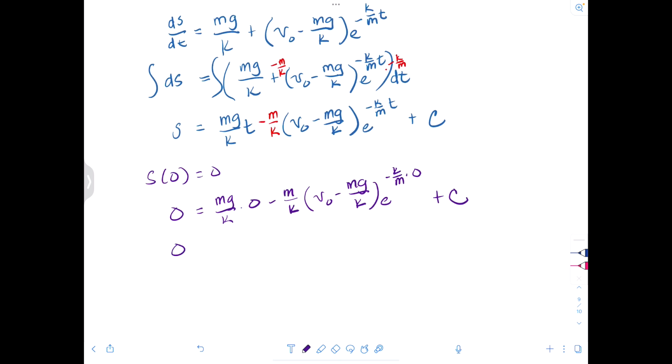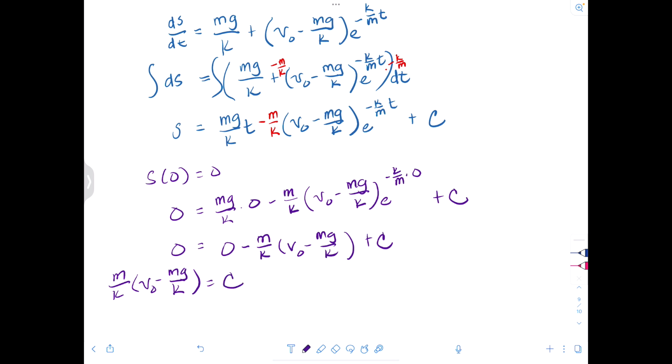So I'll have 0 equals 0 minus m over k times v0 minus mg over k. E to the 0 is just 1, and then I'll have plus c. So then positive m over k times v0 minus m times g over k is equal to c.